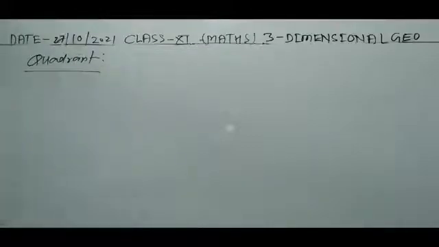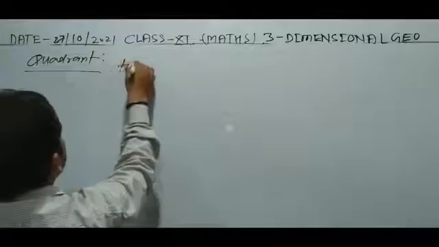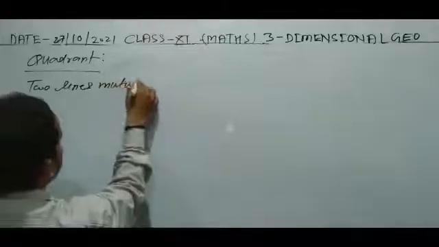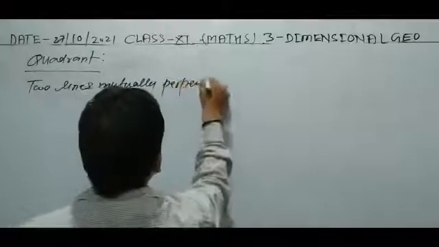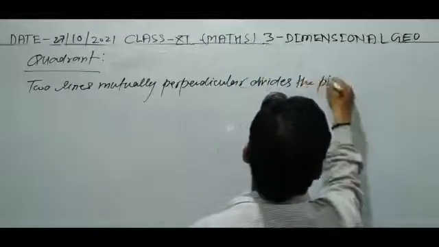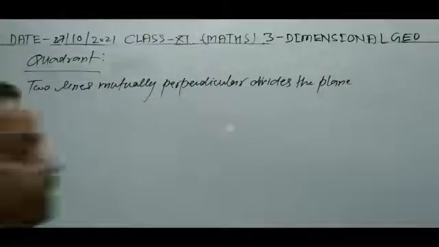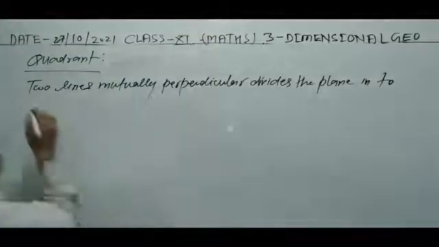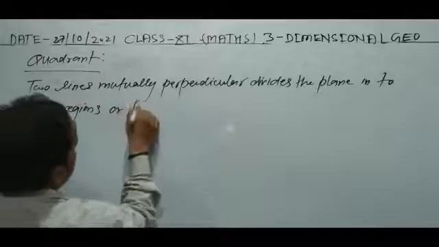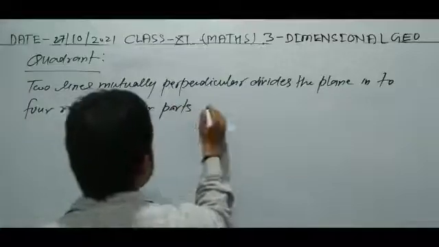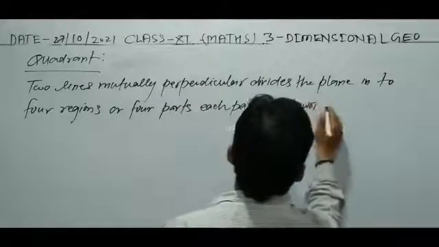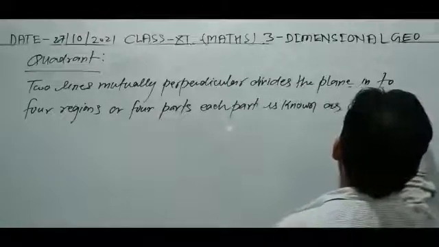Class, two lines mutually perpendicular divide the plane into four regions or four parts. Each part is known as a quadrant.